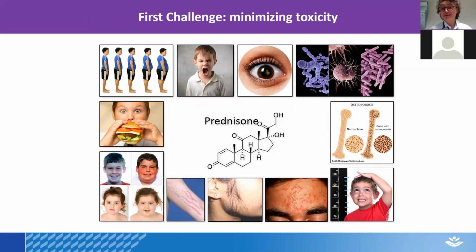So it's important to give these drugs in a sensible way, not give them for too long, but at the same time, often it is more effective to give higher doses for a shorter period of time rather than petering it out over a long period of time. And this has been shown by many studies to be more effective and also to give fewer side effects that can be unpleasant.